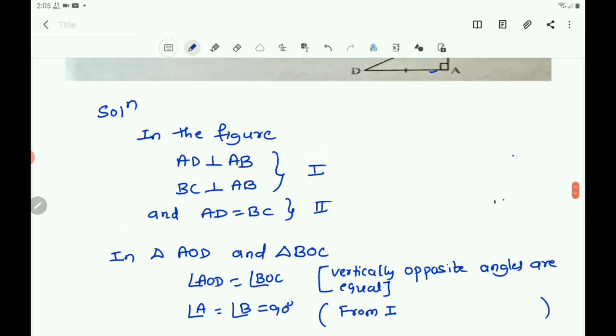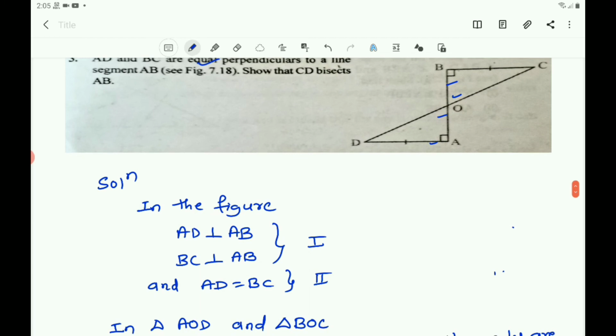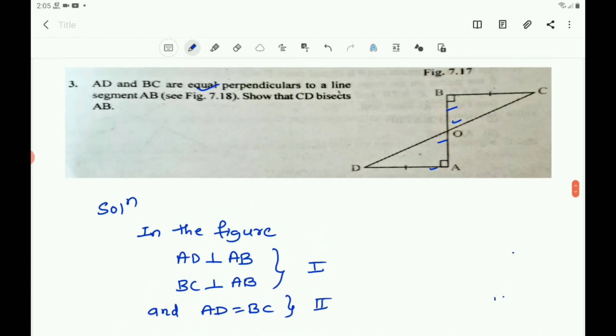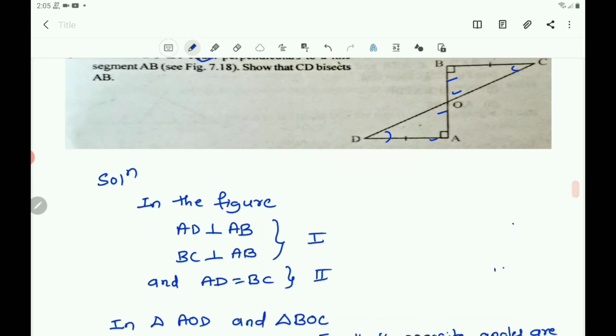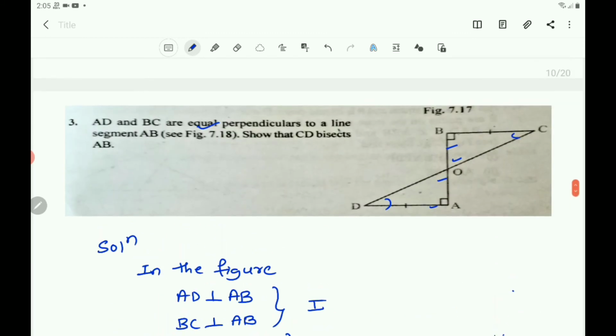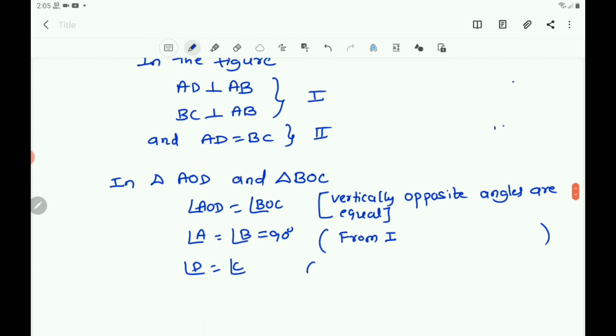Now, in two triangles, two pairs of angles are equal, so naturally the third pair of angles also becomes equal. The remaining angles are angle D and angle C. So you write angle D equals angle C. Reason: remaining angles of the triangles.